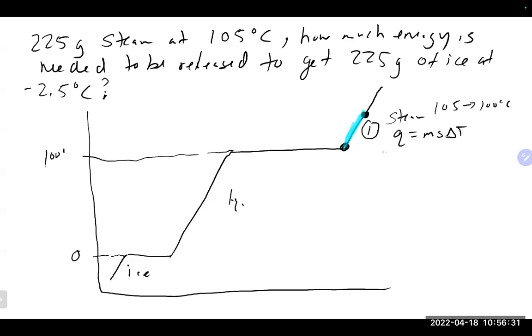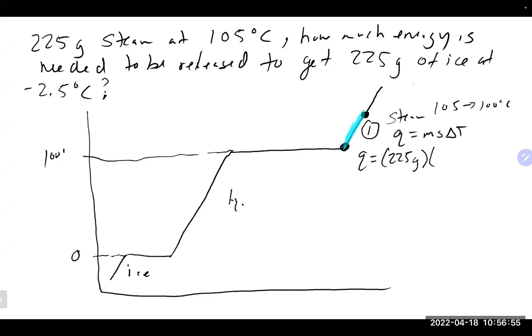Putting in our numbers here, we would use our mass, which is 225 grams. It's really important here that we use the specific heat capacity not of liquid water, which is that 4.184 number that we've used a lot, but for steam, which I can't remember off the top of my head.